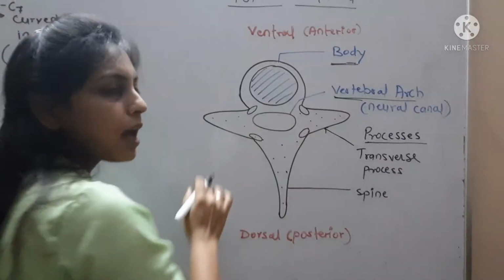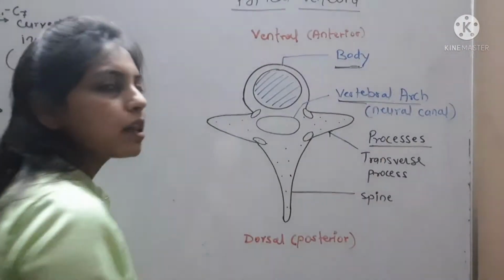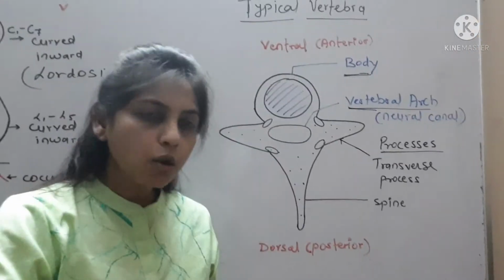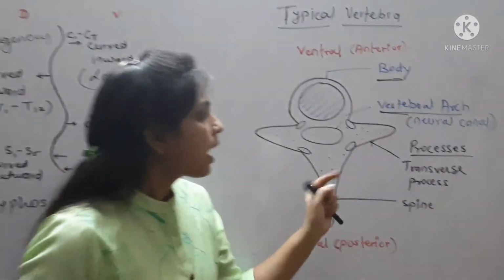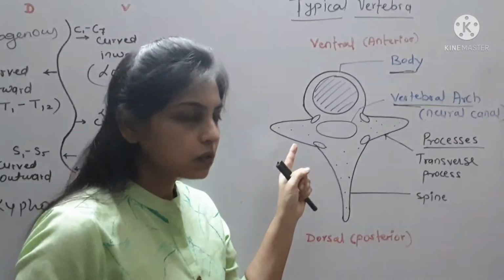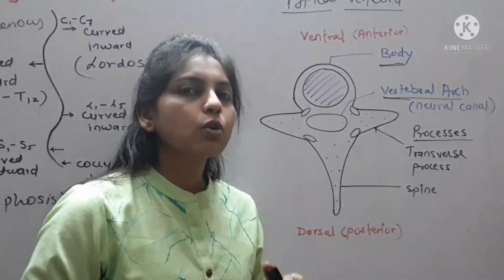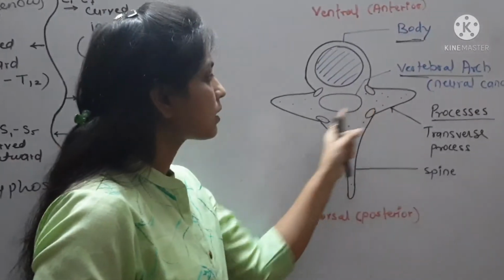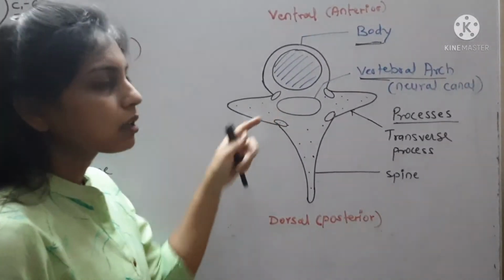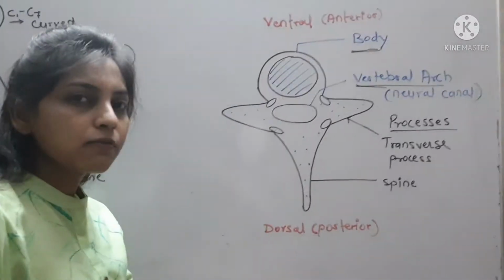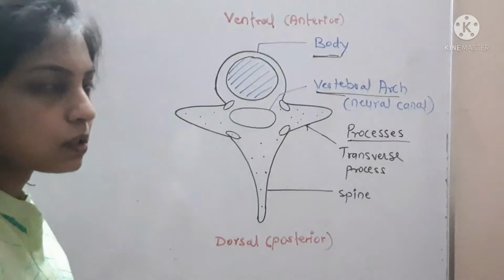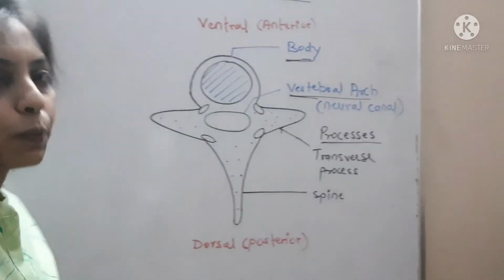Then the vertebral arch forms the neural canal, through which our spinal cord passes. And various processes give attachment to the muscles and provide facets. These are the facets for the articulation of superior and inferior vertebrae. There are 2 transverse processes and a single spine.